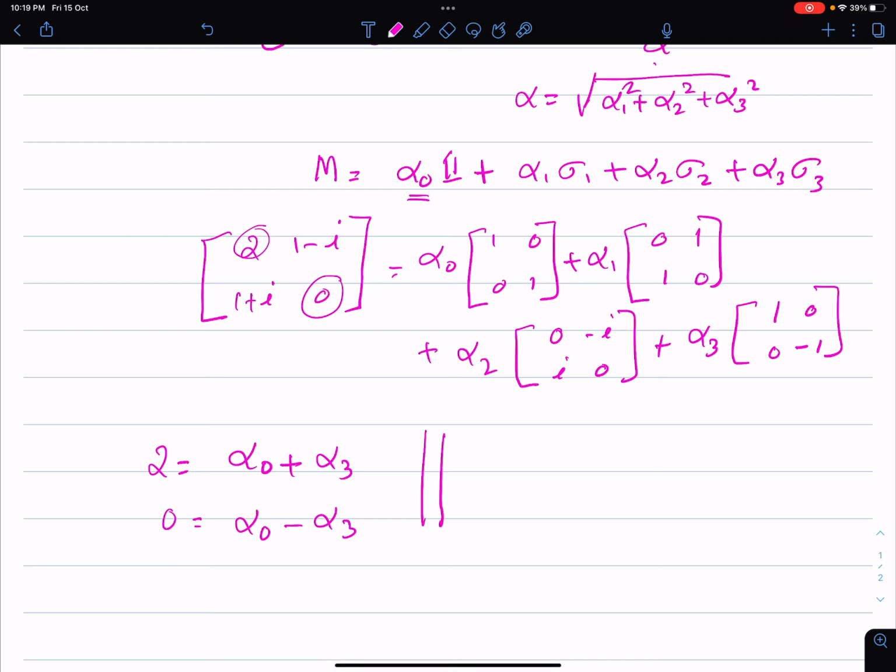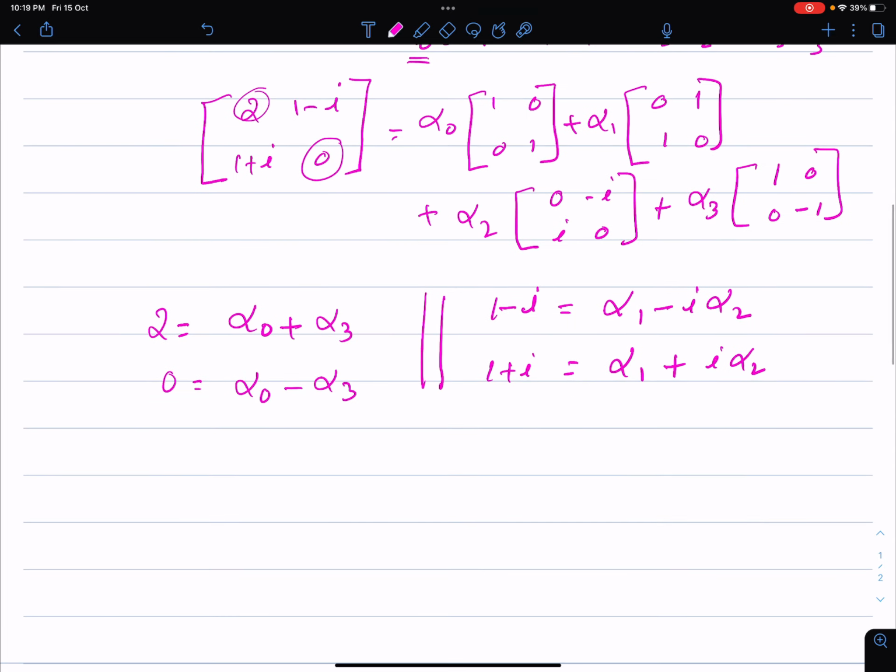The off diagonal elements: 1 minus i is equal to alpha 1 minus i alpha 2, and 1 plus i is equal to alpha 1 plus i alpha 2. So we can solve these equations.